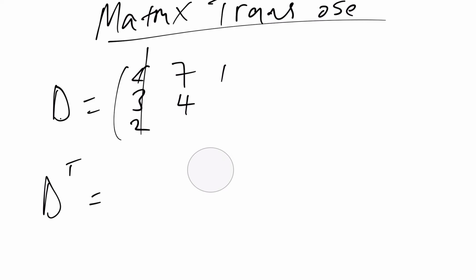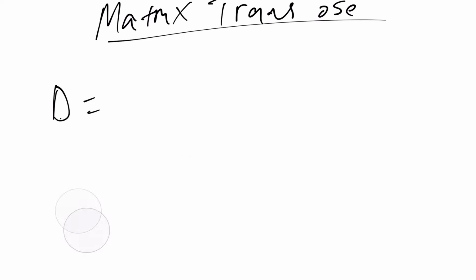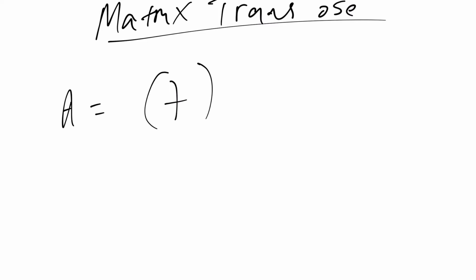But there are some matrices that, if we transpose them, you will notice they become the same. They don't change. For instance, this is a 1 by 1 matrix. Let me use 7. This is a 1 by 1 matrix, 1 row and 1 column.